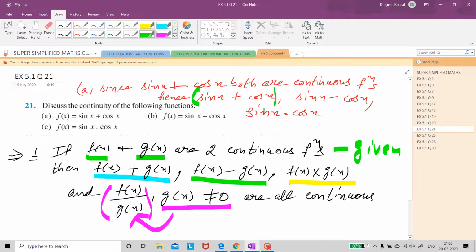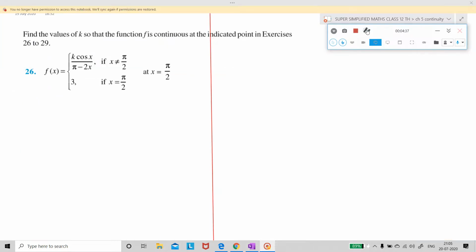So we have used this result to do this question.